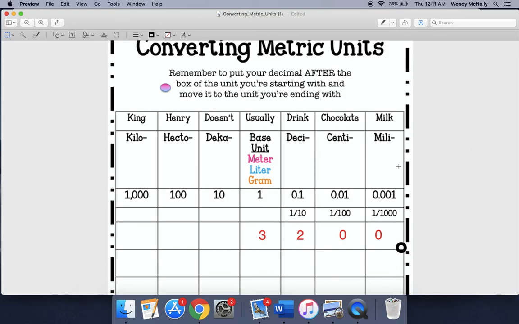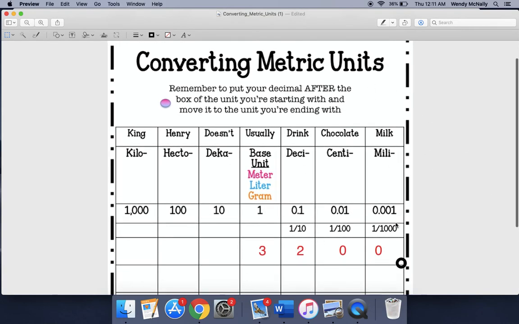And boys and girls, I want to just remind us that if you choose to use this, I am going to post this visual and you are more than welcome to choose to use this to help you. But if you do feel a little bit more comfortable, for example, if I said that you had 32 liters of something and I asked you how many kiloliters that is, and you chose to just divide or multiply rather than go through this process, just like when we were learning about converting.